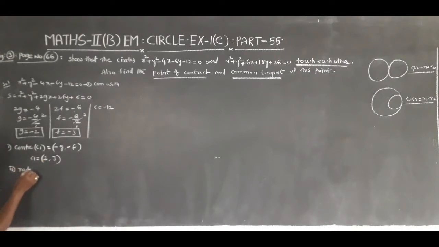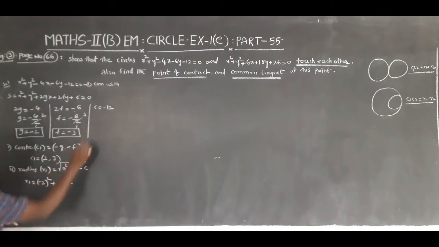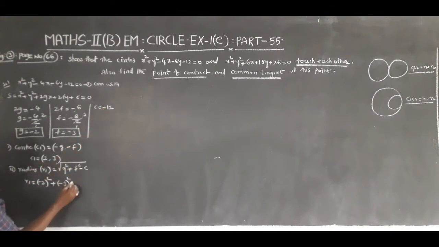Second, the radius of the first circle. Radius is equal to under root of g square plus f square minus c, that is the formula. R1 is equal to under root of minus 2 whole square plus minus 3 whole square minus c, with c equal to minus 12, so minus into minus plus 12.